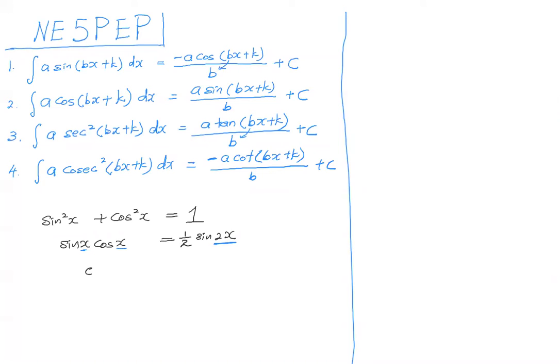If I give you cos square x, can I make this to something else? Yes. So you write all this down. It makes your life easier. Correct? If I have sin square x, can I simplify this? Yes.